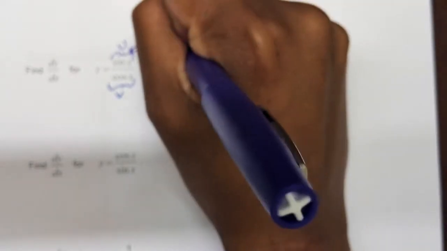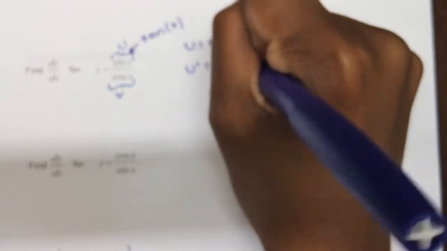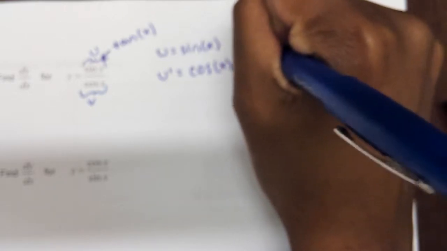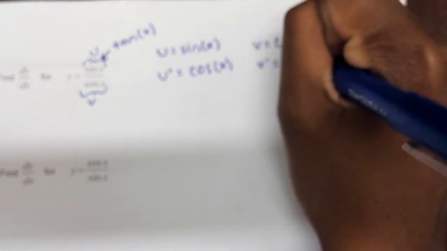Sorry, the focus on this is really terrible today. So sine is my u, cosine is my v. So my u prime is cosine of x, and my v prime will be negative sine of x.